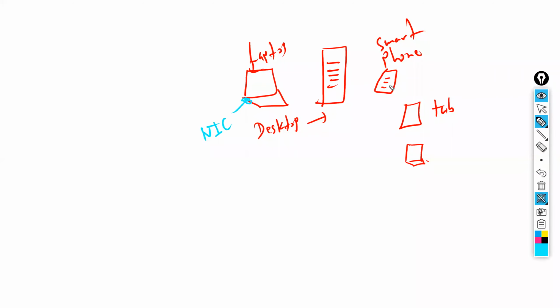Even the mobile phone has a wireless card. The desktop, of course, has a NIC, network interface card. The tablet also has a wireless card, right?